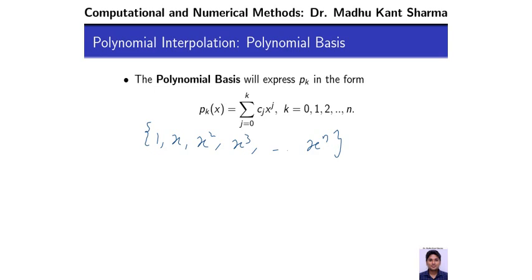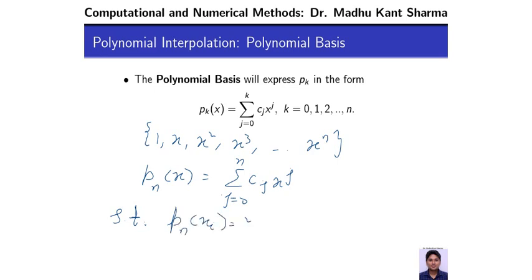So you can go for a polynomial Pn of x equal to summation j equals 0 to n Cj x to the power j, such that it satisfies the interpolating condition, that is Pn of xi is equal to yi, for 0 less than or equal to i less than or equal to n.